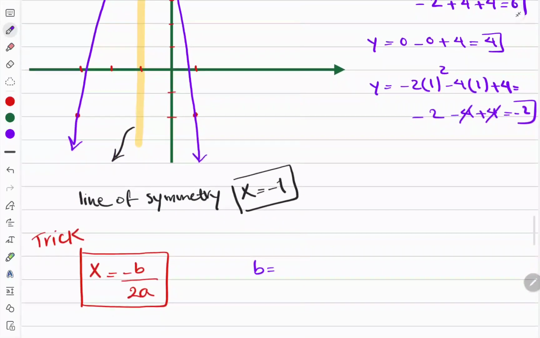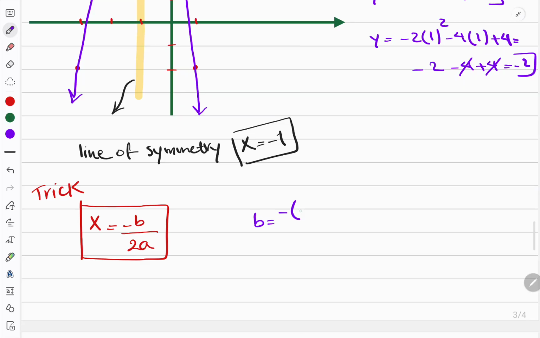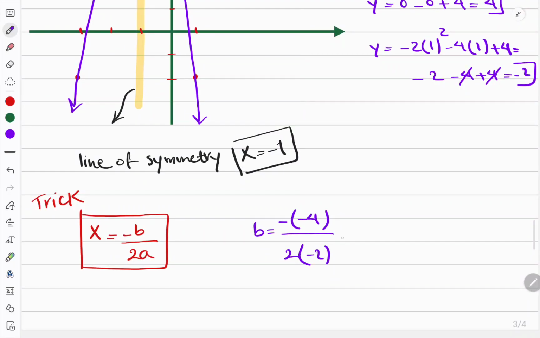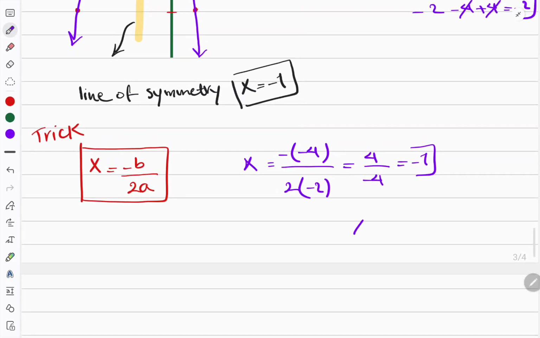Okay, -b is -4, over 2a, and a is -2. So we have 4 over -4 is -1. So you can see that x is -1. This is the x coordinate.